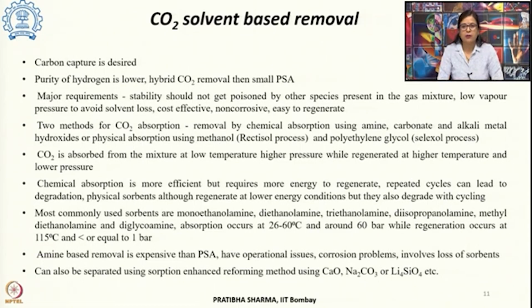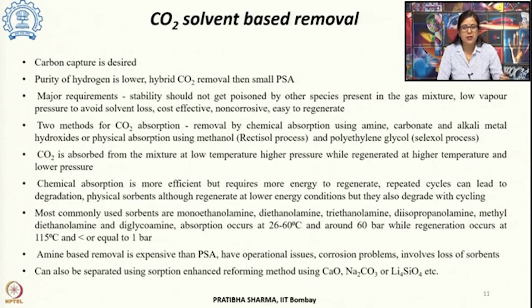The next method for hydrogen purification is the solvent based removal method. Basically, the carbon dioxide solvent based removal method is used where the objective is to do carbon dioxide capture. Pressure swing adsorption is the major method, but in pressure swing adsorption, when the PSA off gas is burned in the burners of steam methane reforming, the carbon emissions are still there.